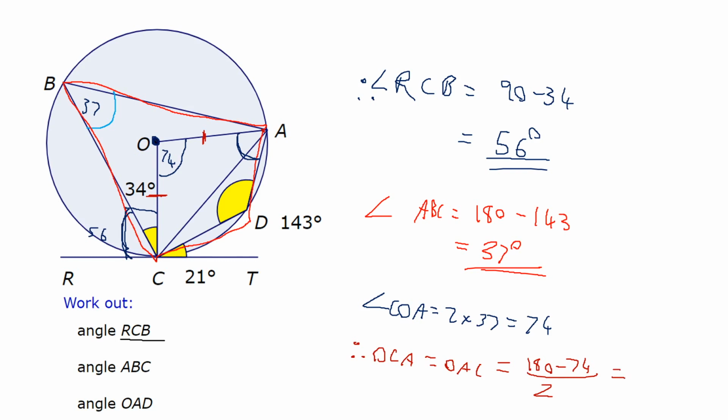Yeah? That's just the standard way of working out an isosceles triangle. And when we do that, we get an answer of 53 degrees. So that's 53, and this also has to be 53.